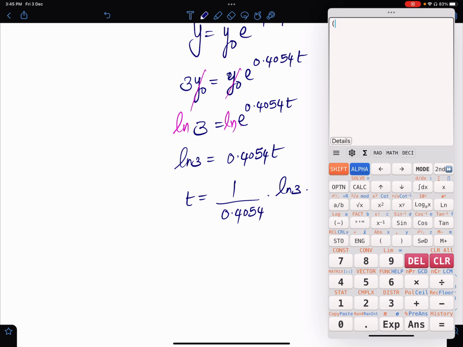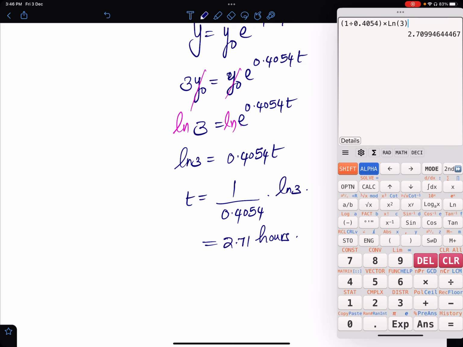I write the bracket. So 1 divided by 0.4054, close the bracket, multiply ln 3. So what do you get now? You will get 2.71. So 2.71 hours. When time is 2.71 hours, the number of bacteria will be tripled.